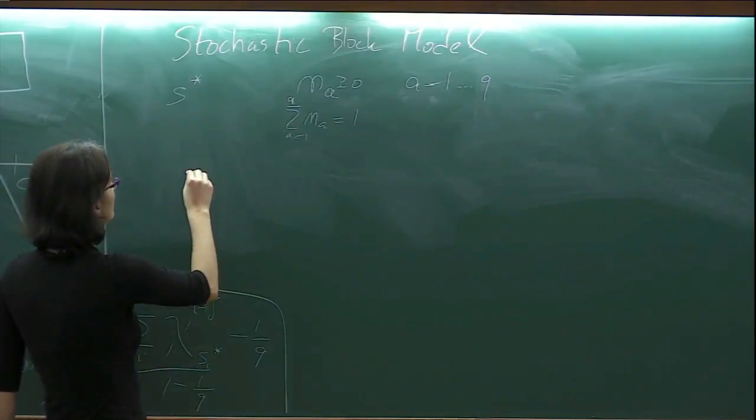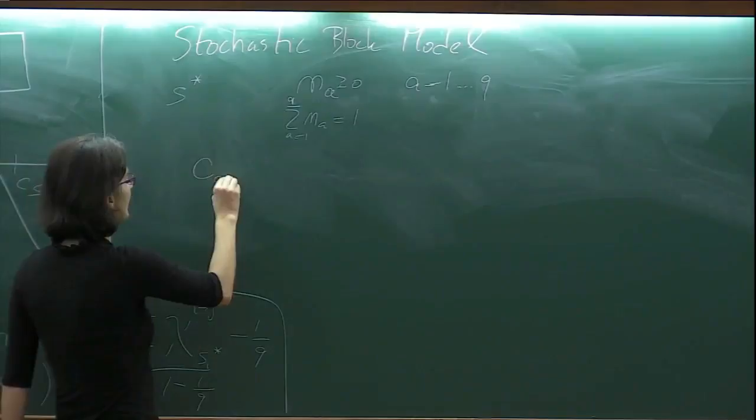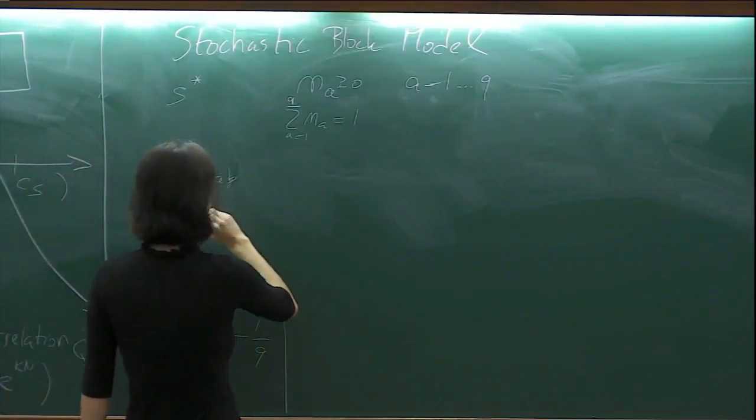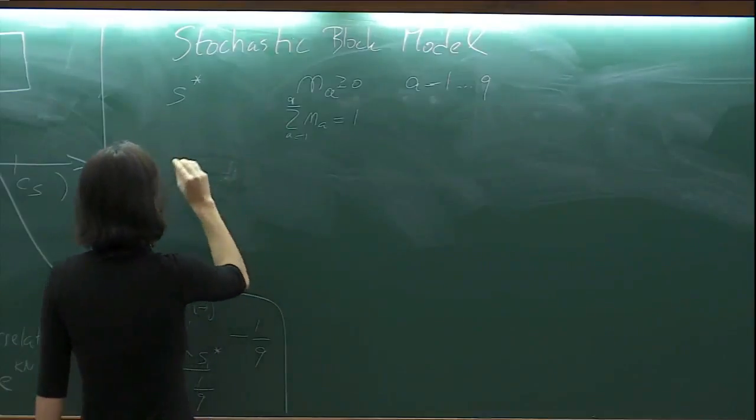And then I define this matrix c_AB. So how will I put the edges?